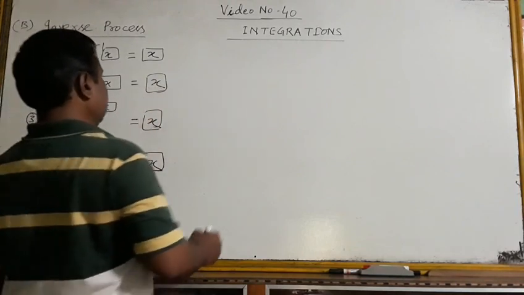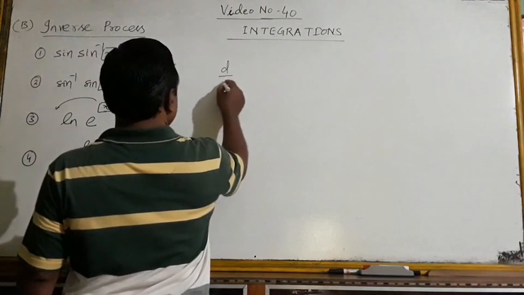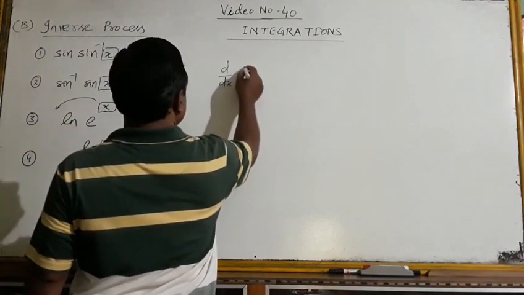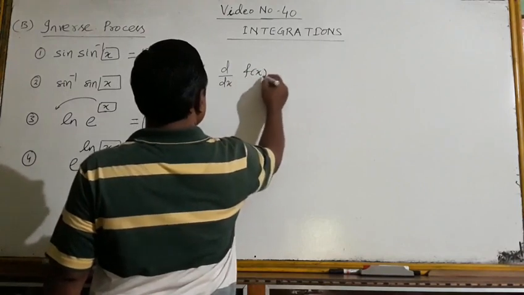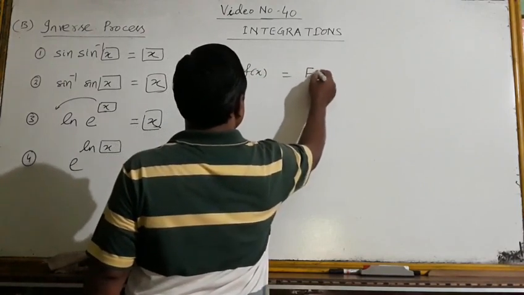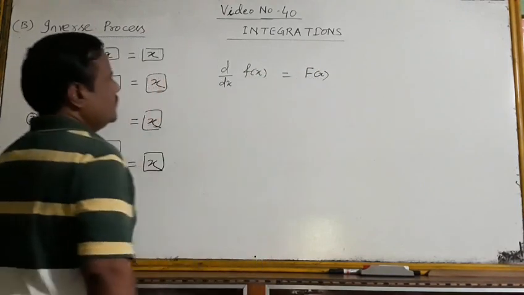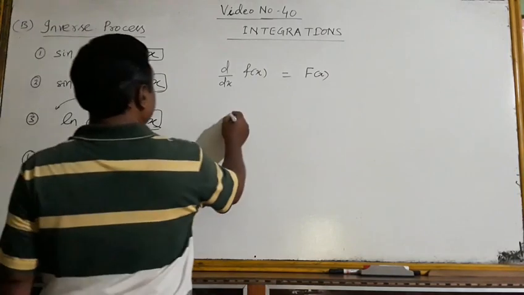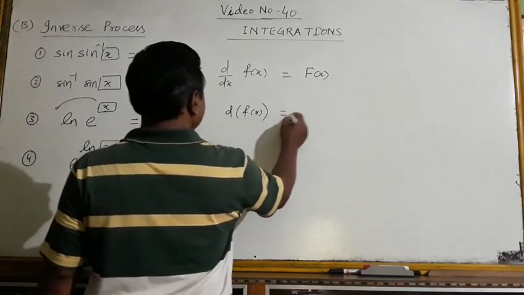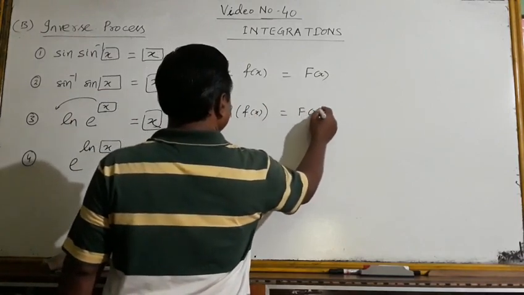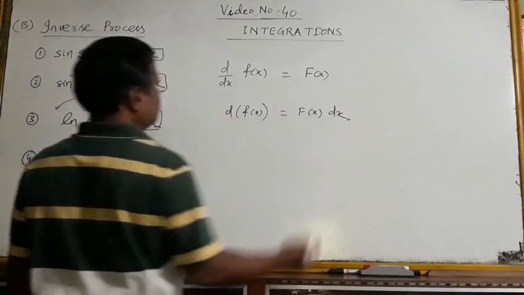Inverse processes are this. Suppose the derivative of small fx is capital Fx. Then tell me, what is d of small fx? Naturally it is capital Fx into dx.